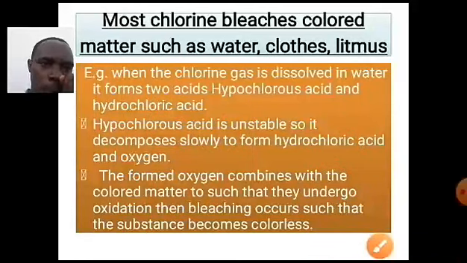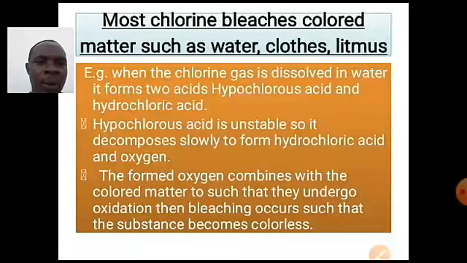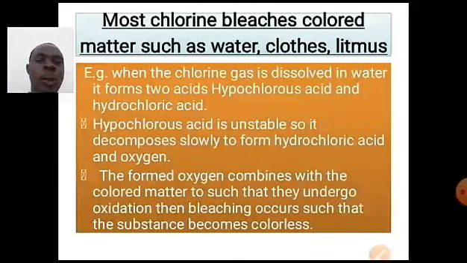The formed oxygen combines with colored matter so that they undergo oxidation, then bleaching occurs, such that the substance becomes colorless. That's why chlorine is a bleaching substance, because when it reacts with water, it forms two products.